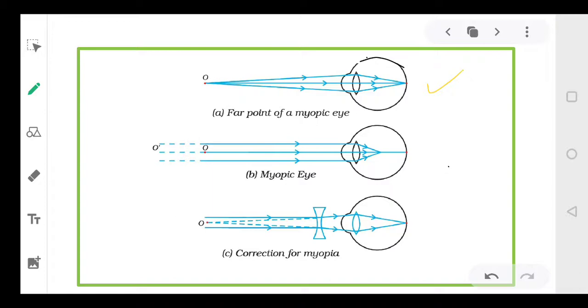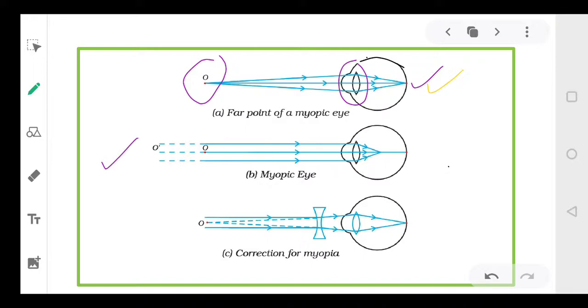Light rays come, pass through the lens and meet at the retina, so the image is formed on the retina. बहुत दूर से रेज आती हैं और वो हमारे रेटिना पर मिलती हैं और रेटिना पर इमेज बनती है. This generally happens in a normal eye where we have no problem.